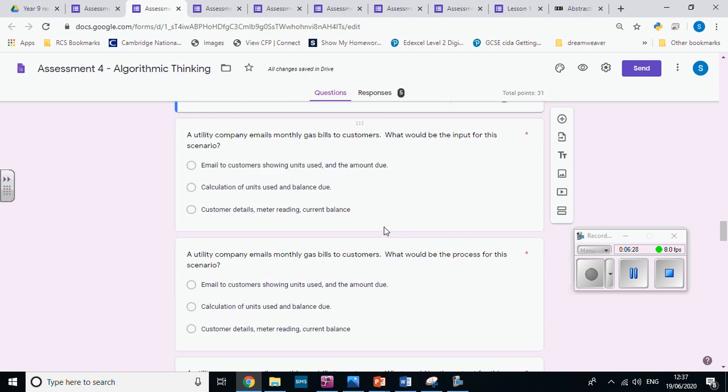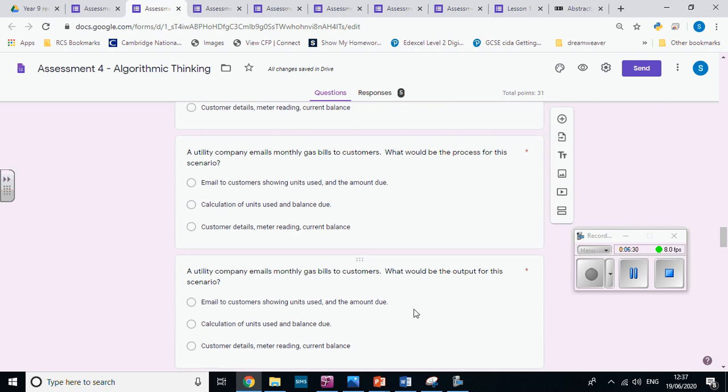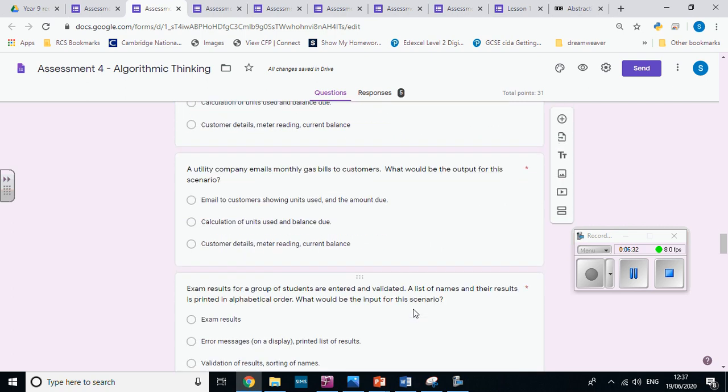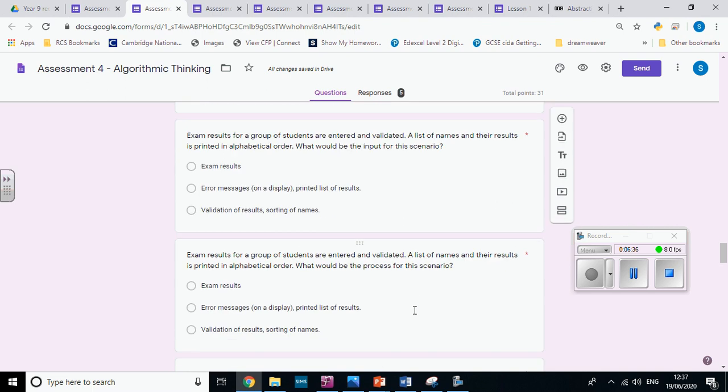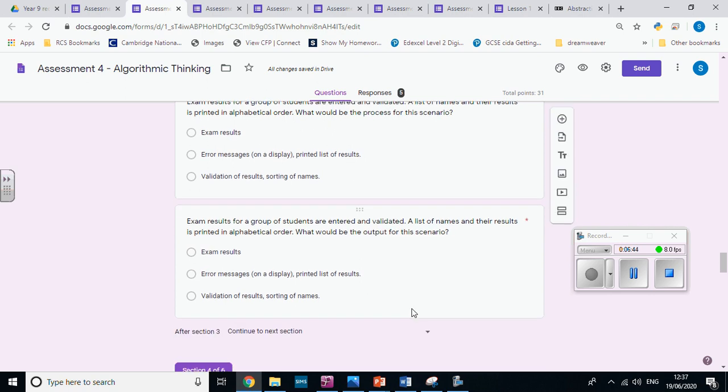This is a little bit more challenging because I am not going to go through the answers with you. There is one that I might just mention, just on this last one. Exam results for a group of students are entered and validated.